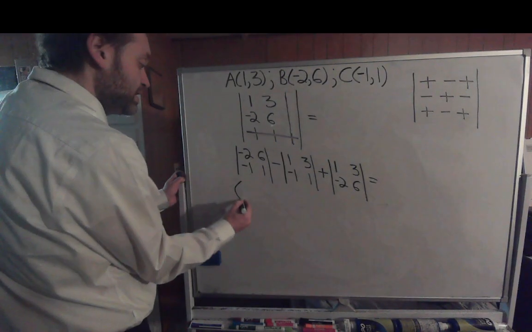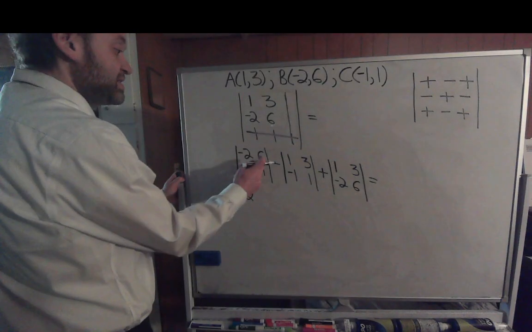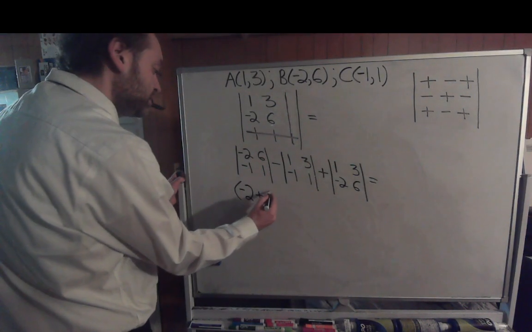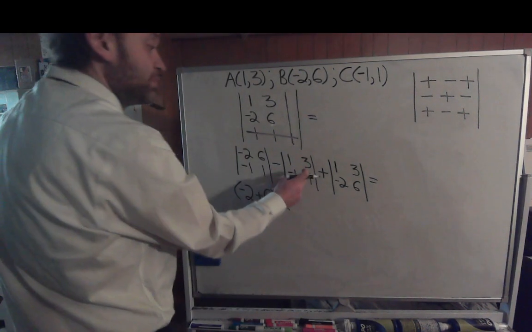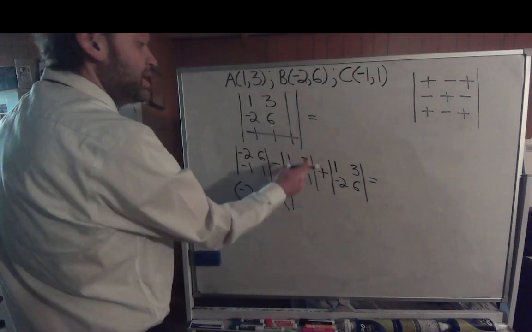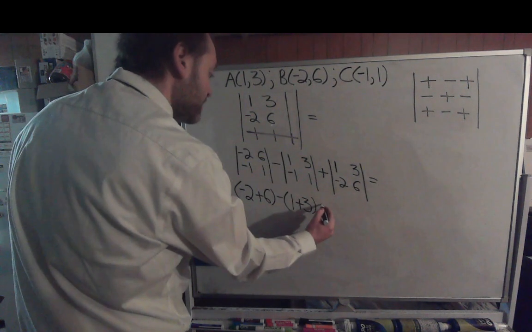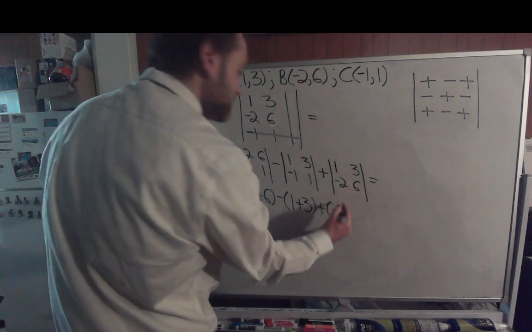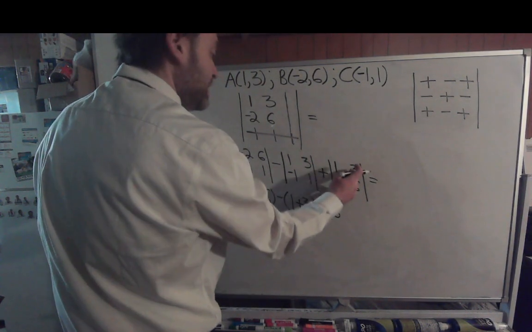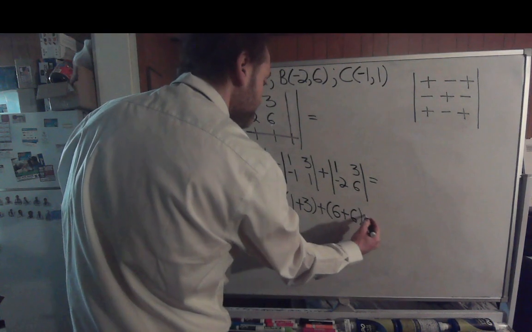First determinant, -2 times 1 is -2, minus 6 times -1, that would end up being plus 6, minus your next determinant, 1 times 1 is 1, minus 3 times -1, that turns into plus 3, plus then you have this last determinant, 1 times 6 is 6, minus 3 times -2, that would be another plus 6.